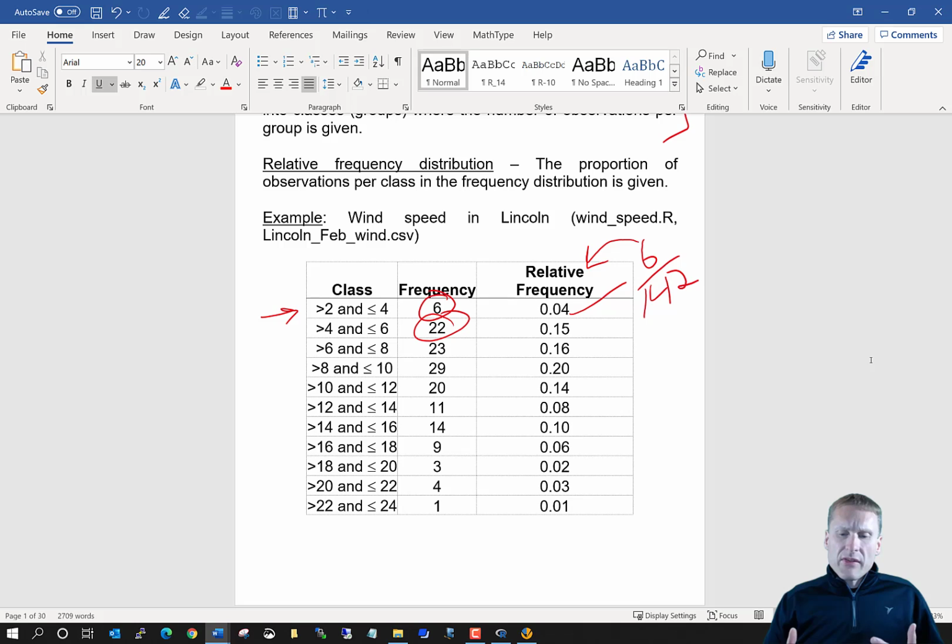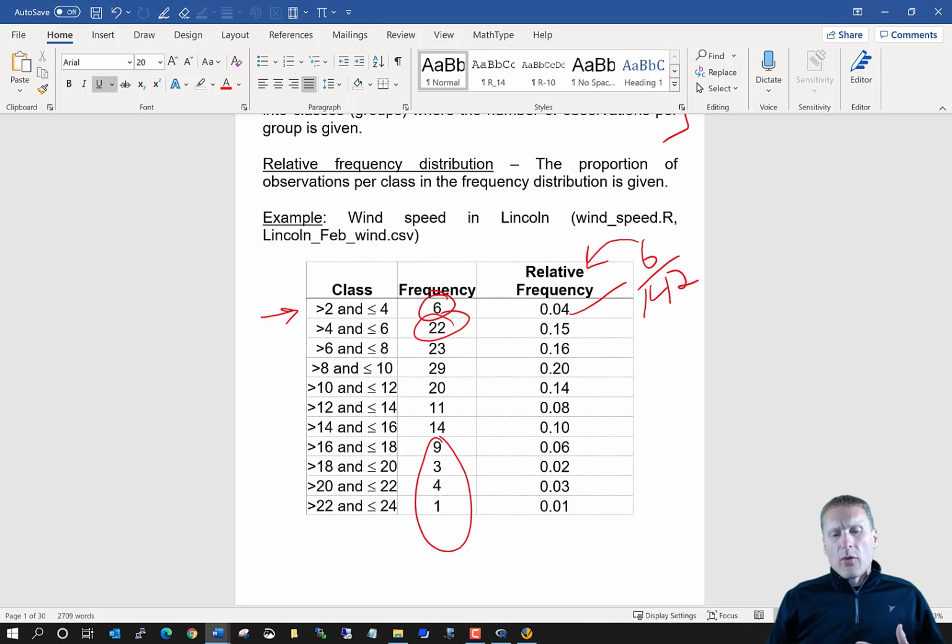And so what this table is showing us with respect to the wind speed example is that typically in Lincoln, wind speeds are between about 4 and 12 miles per hour. But we also see that we do have some more extreme situations where we can be up to about 24 miles per hour in terms of the average wind speed.